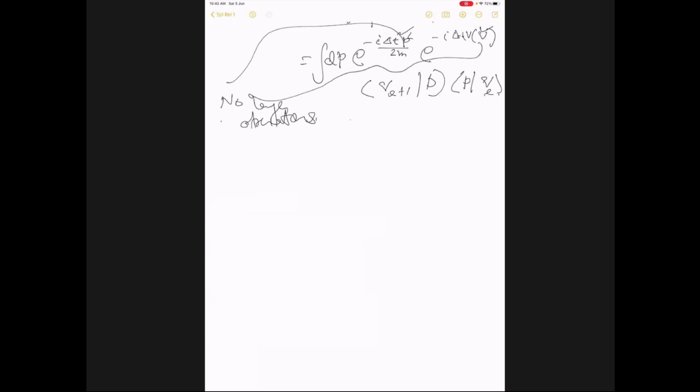So, recall, PQ was 1 by, you remember the position eigenstate in momentum representation was 1 by 2 pi to the power half.